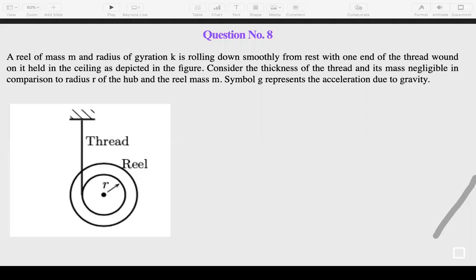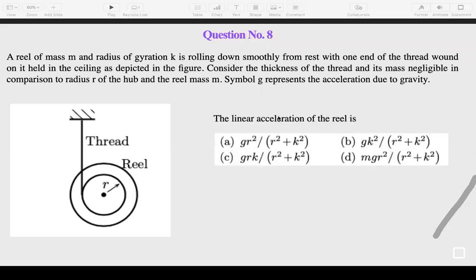Consider the thickness of the thread and its mass negligible in comparison to the radius r of the hub and the reel mass m. Symbol g represents acceleration due to gravity. We are required to find the linear acceleration of the reel. And the second question is, what is the tension in the string, or in the thread?